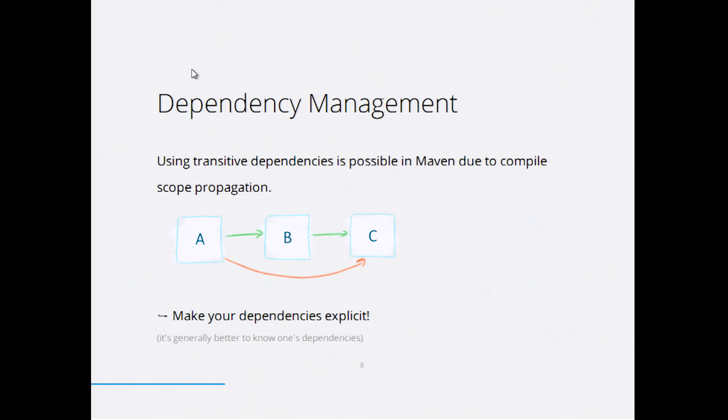So this is to show you, the colors are great, the problem with transitive dependencies. You see project A depends on project B. Project B depends on project C. And in Maven, you are allowed to use in project A classes from project C. That's okay in Maven.